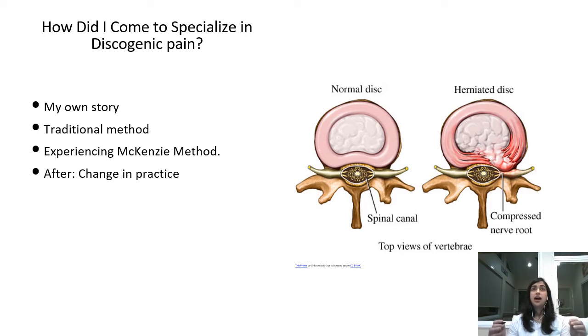I can vouch that it was the worst pain I ever experienced. So I started a steroid treatment right away, but it hardly touched my pain. Fortunately for me, one of my colleagues was well versed in the McKenzie technique, and she offered to help. So I was like, okay, I can give this a try. It's non-invasive, why not?